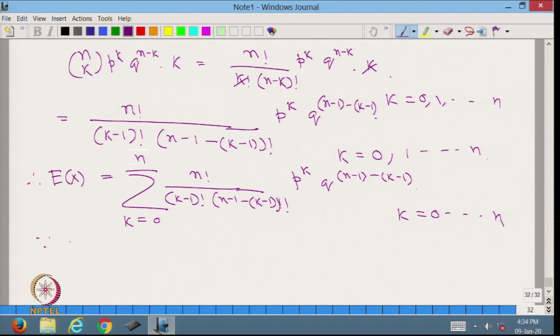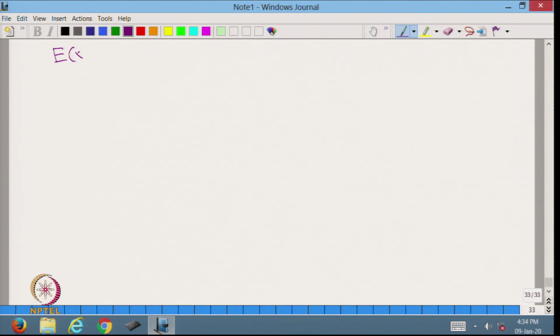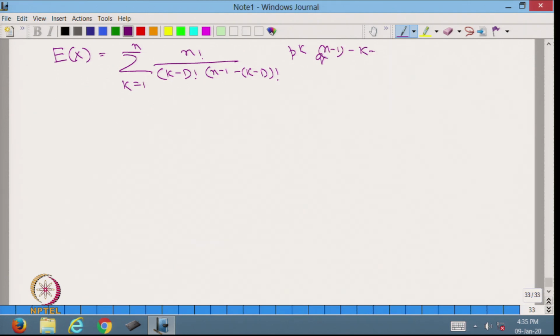Since at k is equal to 0, k minus 1 factorial does not exist, we rewrite it as expected value of x is equal to sigma k is equal to 1 to n, n factorial upon k minus 1 factorial n minus 1 minus k minus 1 factorial p to the power k q to the power n minus 1 minus k minus 1.